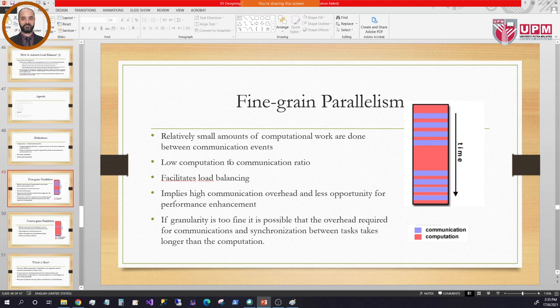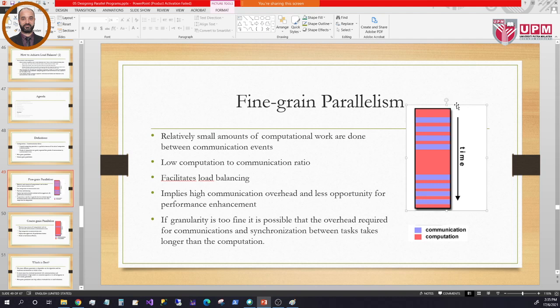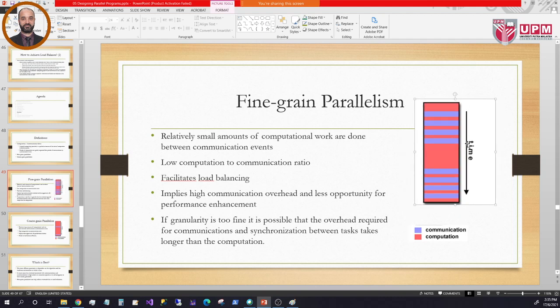Here, what does it mean? This means that we do a very small size of computation compared to the need for communication, which is the same thing that I explained. That's why I explained it to you in a basic manner, and then I came to the slide, because the slide is sometimes a little bit confusing if you cannot get the idea. But now the idea I think is already with you.